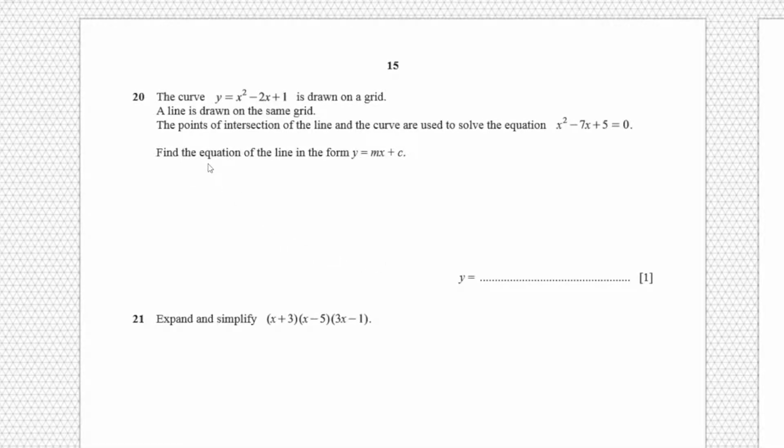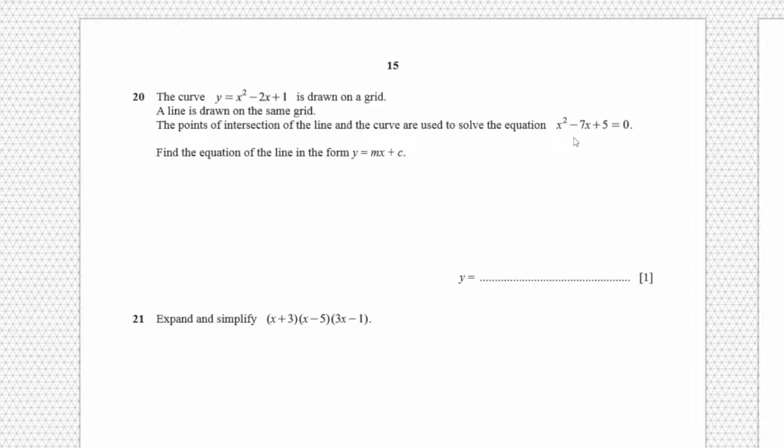The curve y equals x squared minus 2x plus 1 is drawn on a grid. So we draw that, and we draw a line. The points of intersection of the line and curve are used to solve the equation. So that line, when it intersects with that curve, can be used to solve this equation.